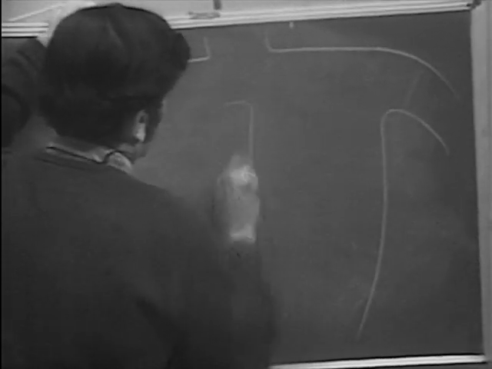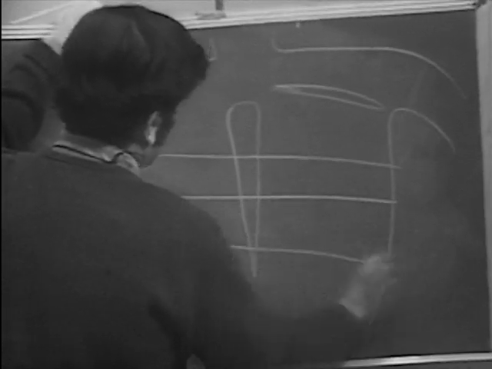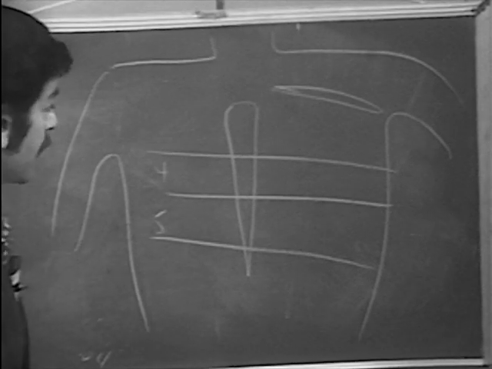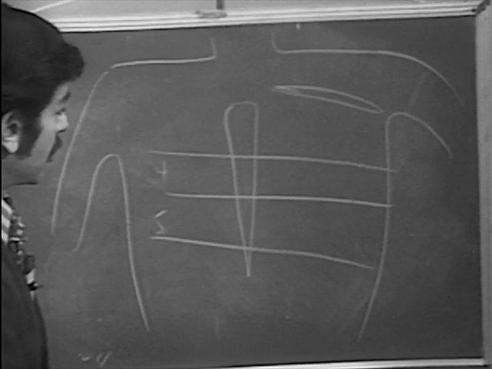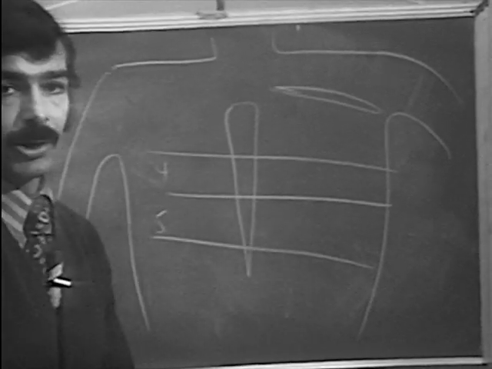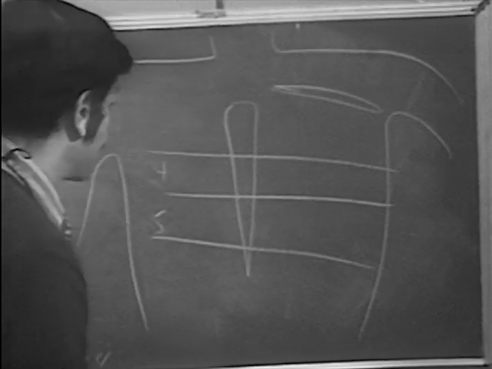Here's the sternum, and here's the clavicle, and here's the fourth interspace and the fifth interspace. What I'm talking about really is the placement of the precordial leads. I think no one will make a mistake in putting the arm and leg leads in the right places.